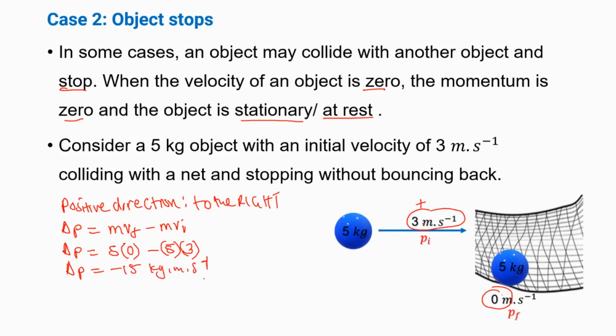So what does that tell us? If it's negative, it means it's in the opposite direction to our positive direction. So it means 15 kilograms meters per second to the left. But if we chose the left direction as our positive direction, we're going to get the same answer. Let me show you.